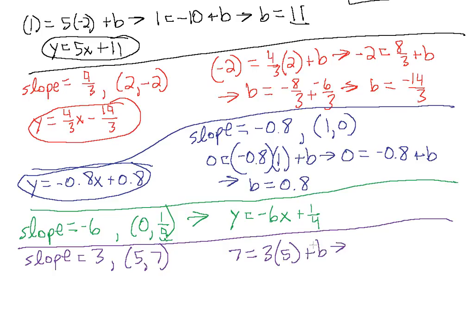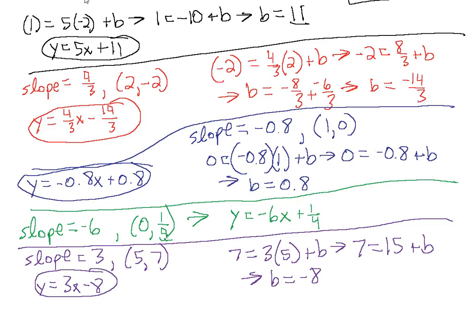And b is what we want to solve for. We have 7 equals 15 plus b. We can subtract 15 from both sides, which gives us b equals minus 8. Now we have all the pieces of information that we need to write the general form. So we have y equals 3x minus 8. And that's our answer.